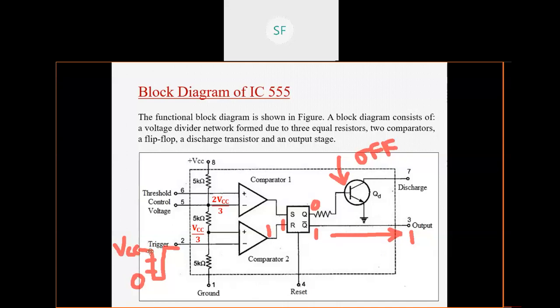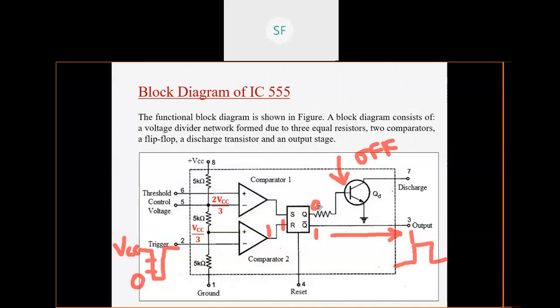By merely applying a trigger here, you can observe that since this trigger is less than VCC by 3, the comparator output becomes 1, and the comparator output is given to the reset input. So when reset becomes 1, the output Q becomes 0 and Q bar will be 1. So we will get the IC output as 1, which is nothing but a high pulse, like this.